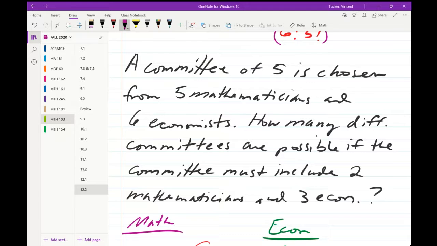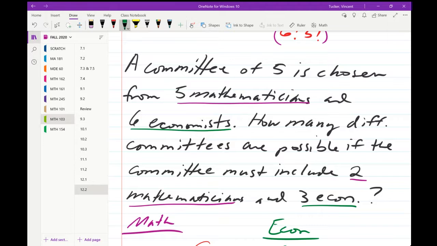All right, so we're going to choose a committee of 5 from the 5 mathematicians and the 6 economists. Now, out of these 11 people, 2 will come from the mathematicians, and then 3 will come out of the economists. Those 2 mathematicians cannot come out of the 6 economists.